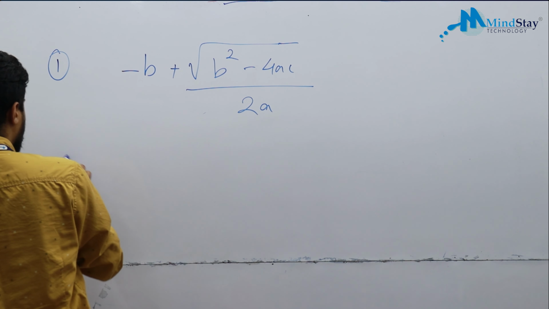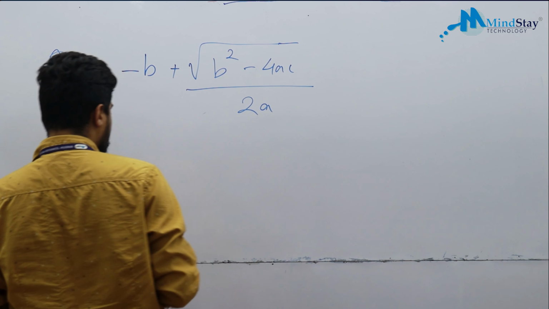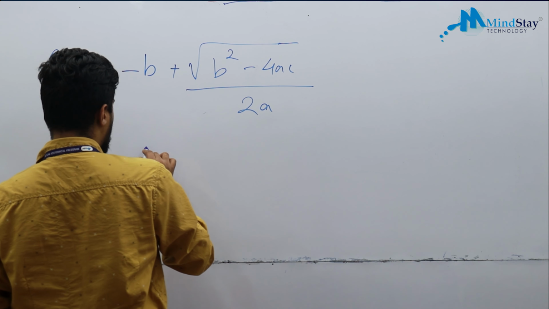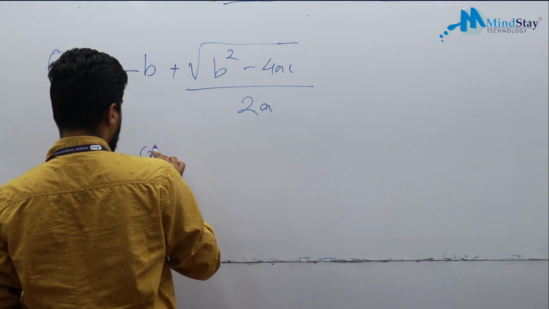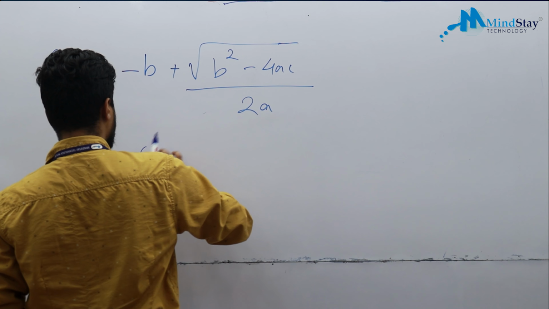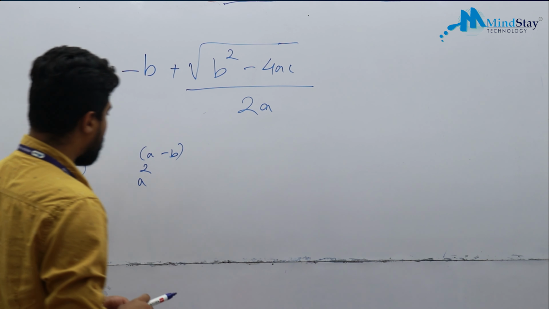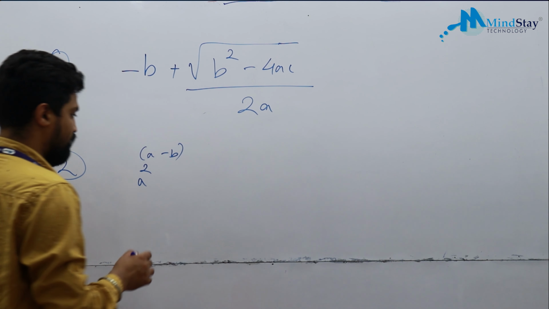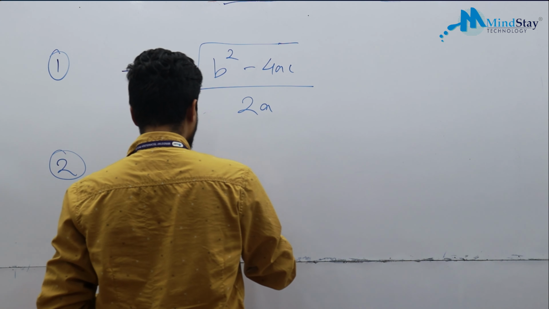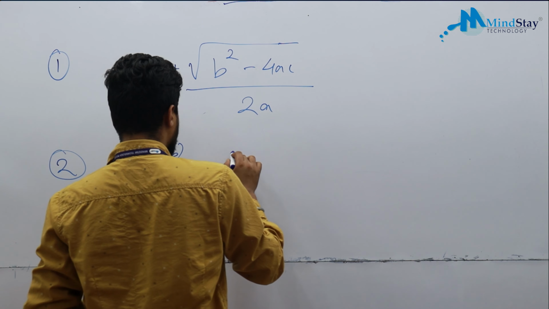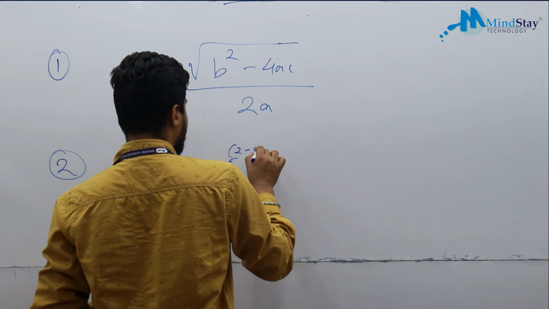Let's say the other one is a to the power 2 to the power 3. Let's not make it 3, let's make it a minus b. So a to the power 2 to the power a minus b, plus b to the power 5 to the power 2 minus a.